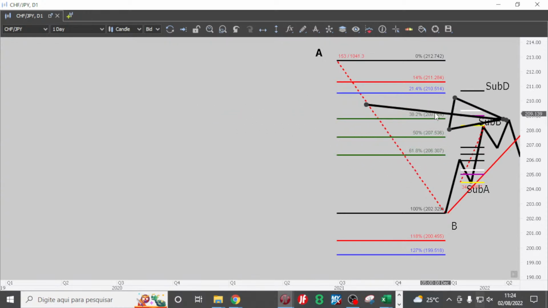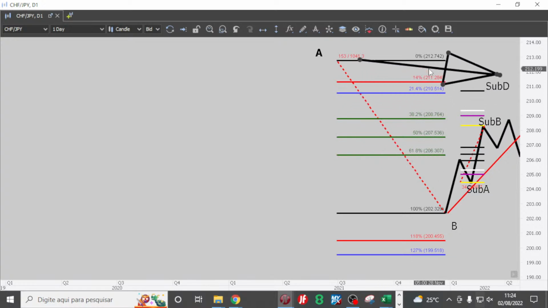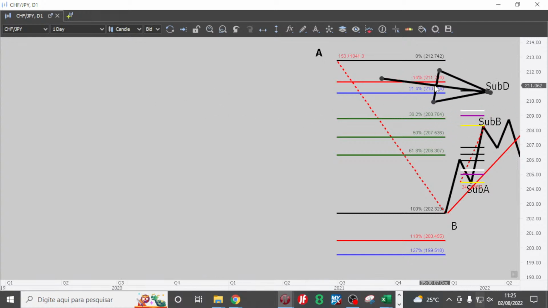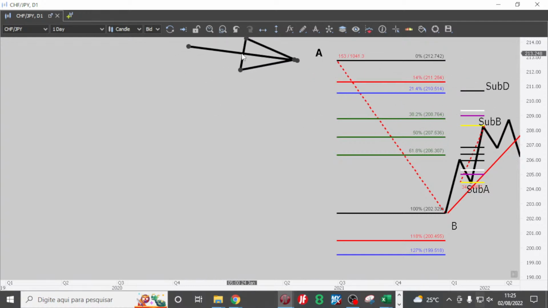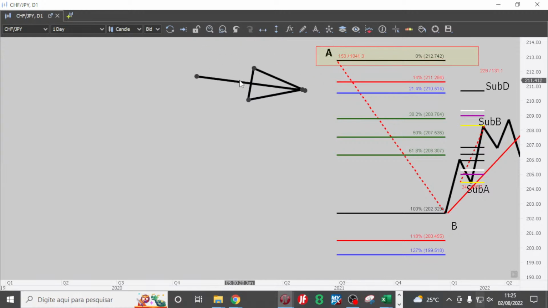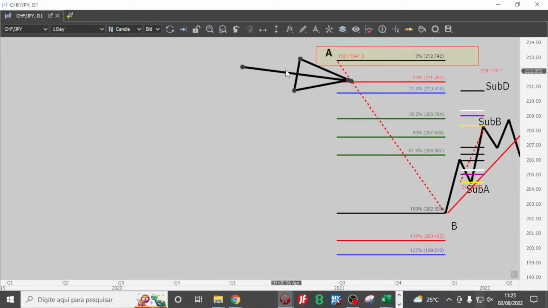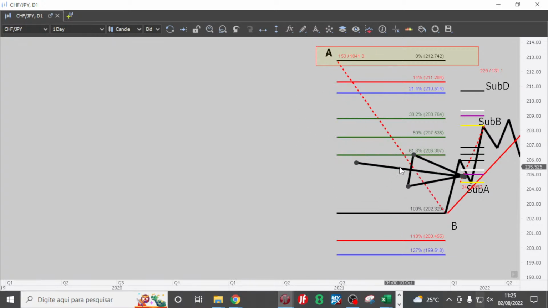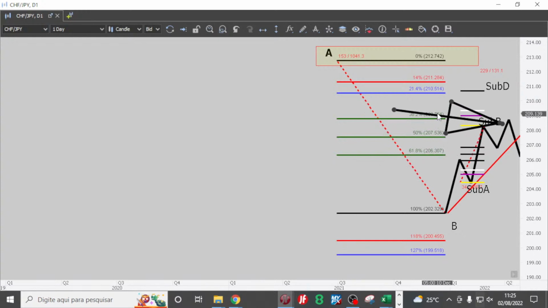So if the market, everybody, hits the sub-D extension, and my dogs are getting crazy, so if the market hits the sub-D extension, is the market going to break the capital A? Yes or no? Freedom, can you repeat please? Yes, sir. This is the chart, and the market's making higher highs, higher lows, higher highs, higher lows.